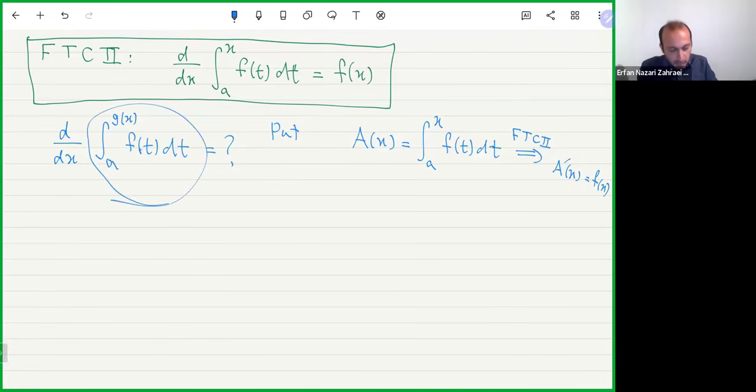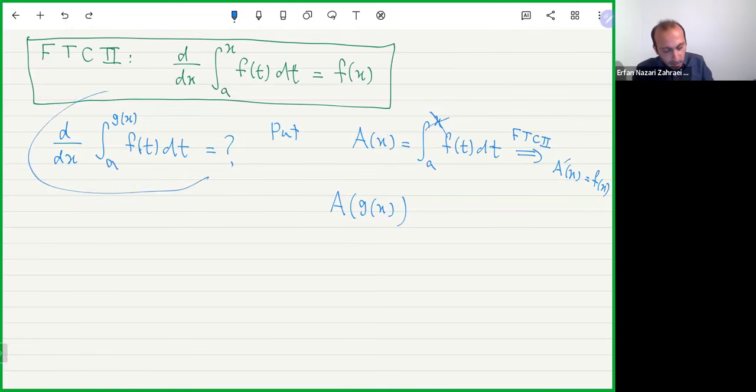But what I have is, instead of the input x, the variable x, I'm replacing it with g(x). Basically, the thing that I have here is A(g(x)), replacing every instance of x with g(x). What do you get? You get this. So this question that I'm talking about is the derivative of this thing.